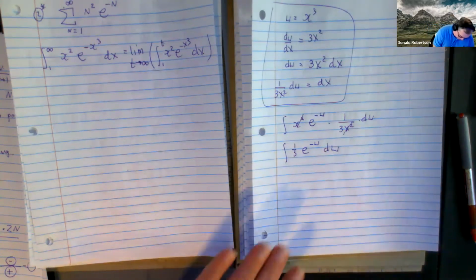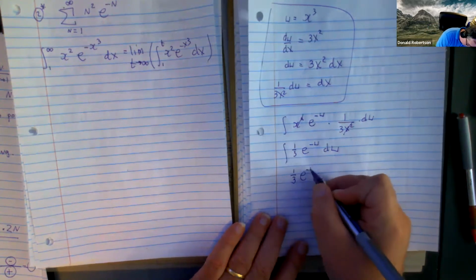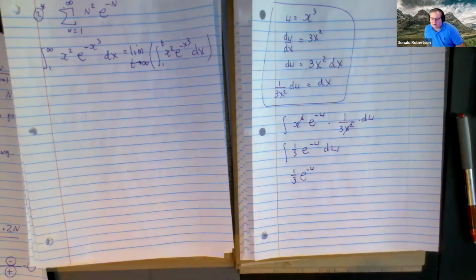Now be really careful. I'm about to do a deliberate mistake. If you integrate e to the negative u, you get e to the negative u, so the answer is 1/3 e to the negative u, which is 90% right, but what's missing? Because something is missing.